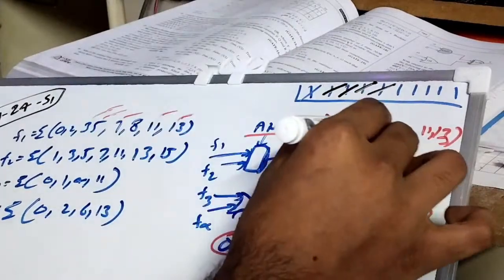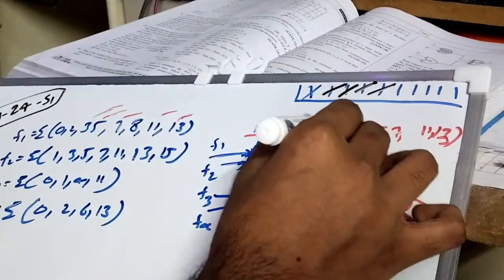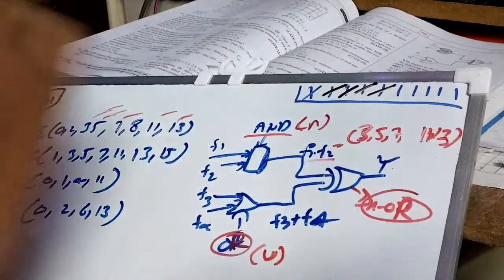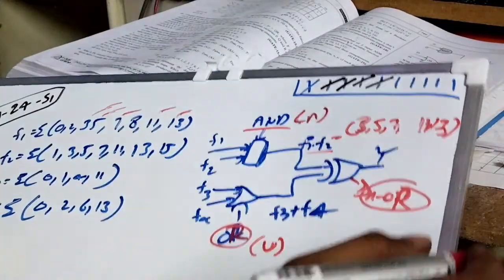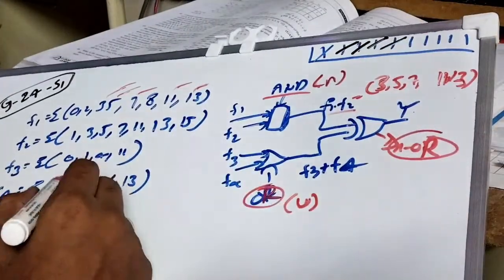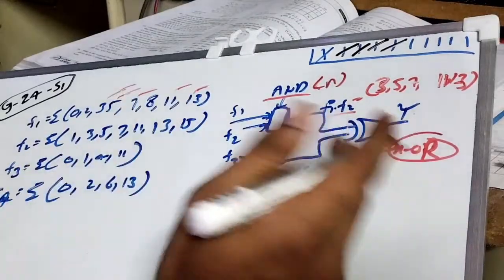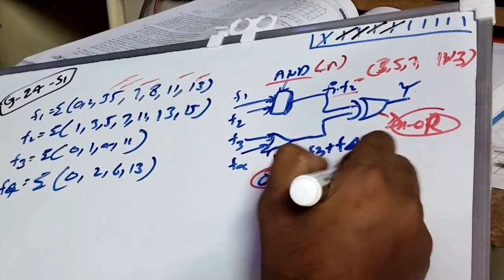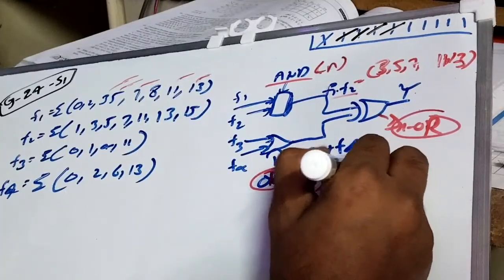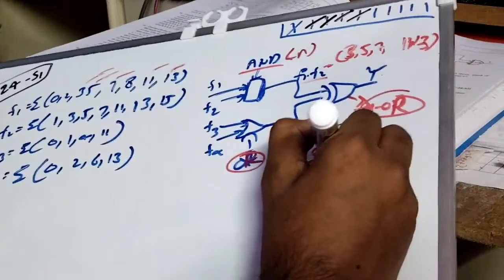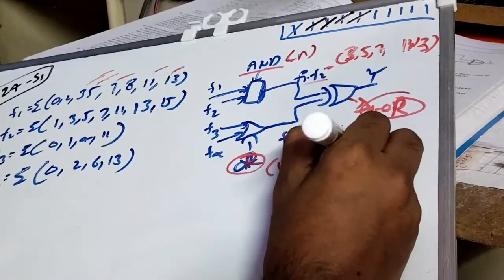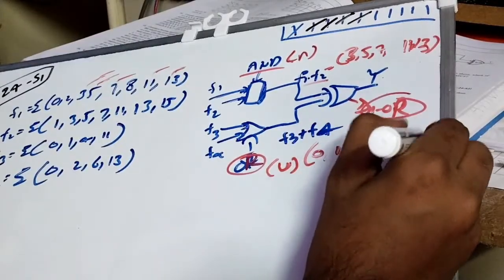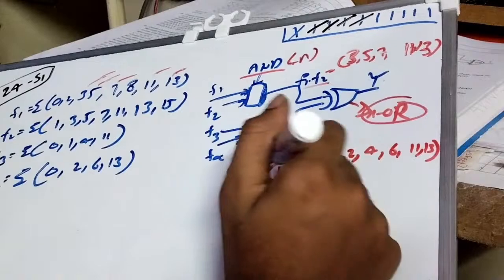Mathematics is not my strong point. For F3 or F4, we have to take everything but not repeat, so consider 0, 1, 2, 4, 6, 11, and 13.